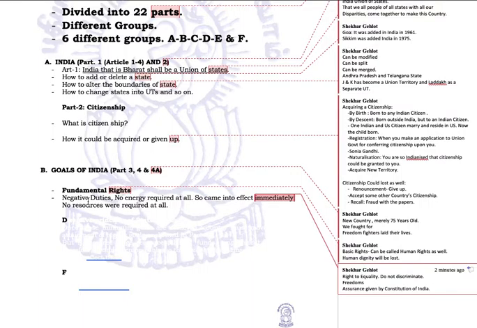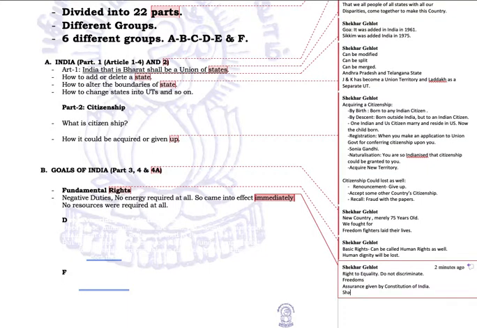These are negative duties upon the government of India, that the government of India shall not. The word used in many of the fundamental rights is "shall not": the government shall not discriminate, shall not take away, shall not deprive. So the government shall not, must not.